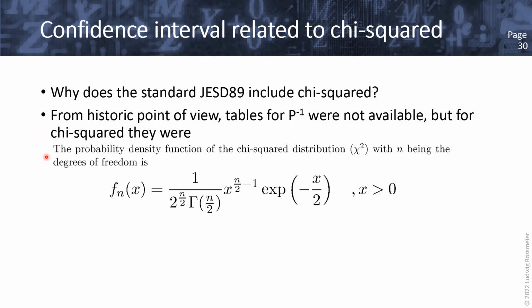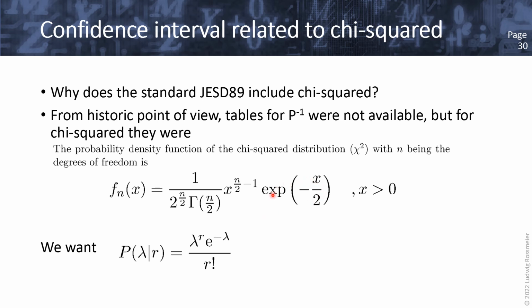This is the probability density function of the chi-squared distribution, with n being the so-called degree of freedom. And if we compare this probability density function with what we wanted to have, this is the equation from the previous slides, we see a certain similarity.